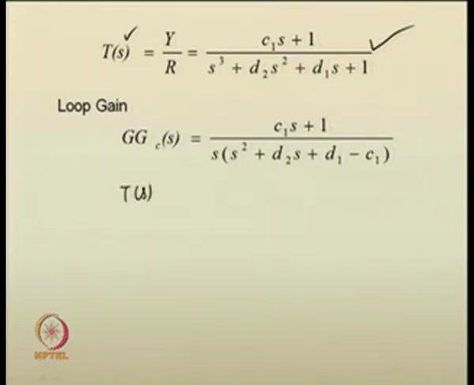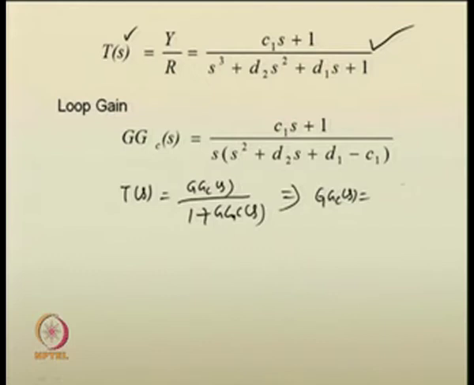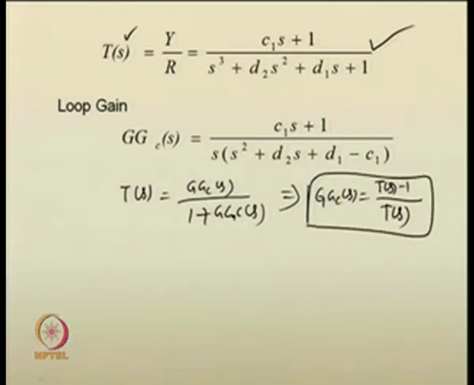Because we know that T(s) is nothing but G Gc(s) upon 1 plus G Gc(s) H. With little manipulation, it is easy to see that one can obtain G Gc(s) H as T(s) upon 1 minus T(s).